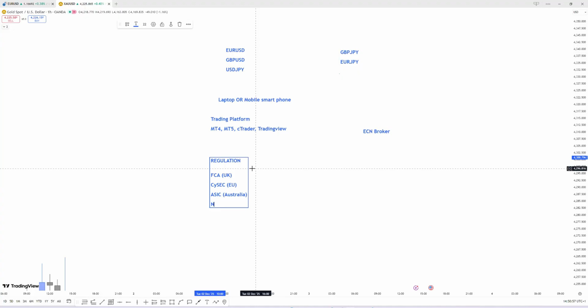And we have the NFA, or you can call it the CFTC, which is for US brokerage companies. And why do you need to make sure that your broker is regulated? Because a regulated broker keeps your funds safer. Your funds are safe with a regulated broker.